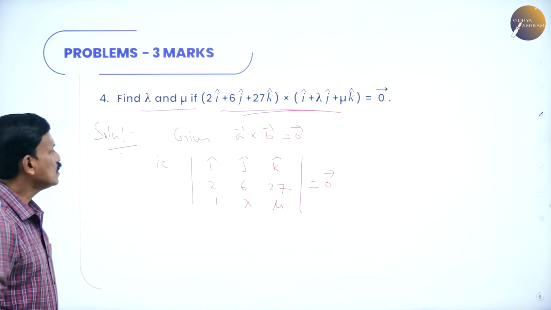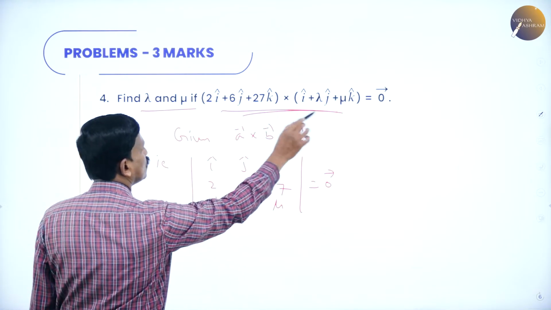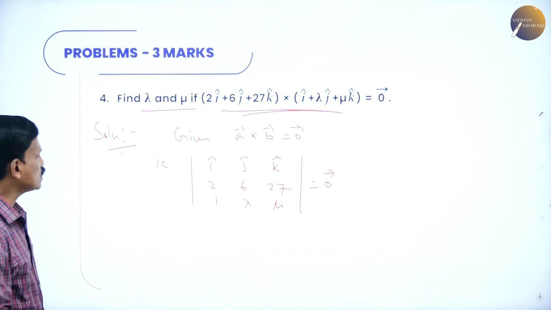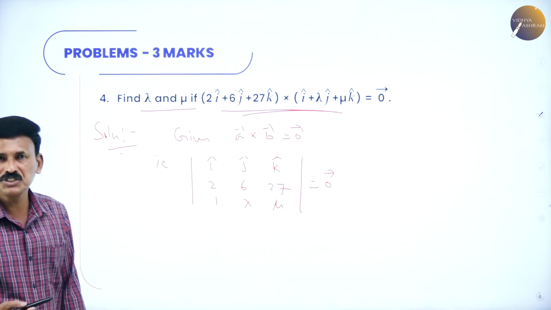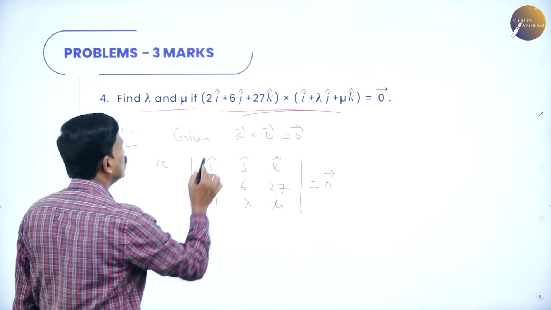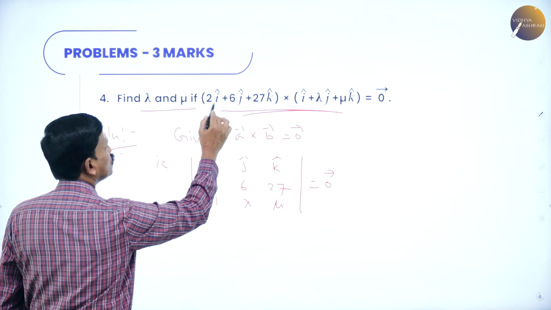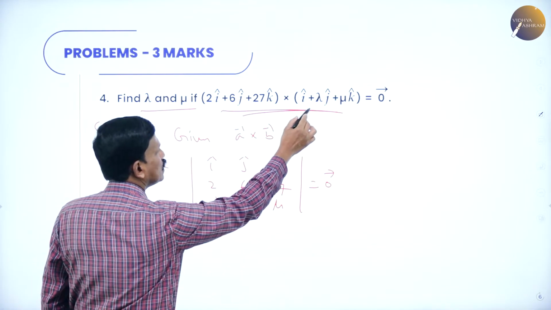This is given. So find lambda and mu if the cross product of these two vectors is 0. The cross product is nothing but the determinant of i, j, k, the coefficients of the first vector and the coefficients of the second vector. So i cap, j cap, k cap, 2, 6 and 27, 1, lambda and mu.